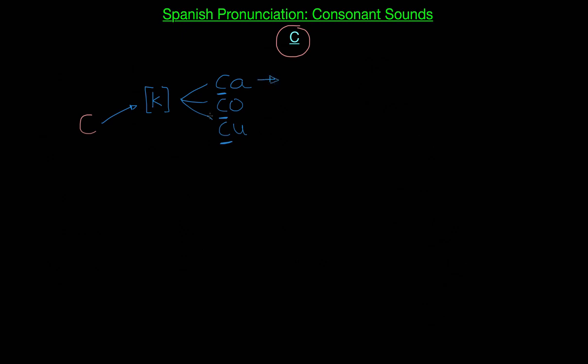An example of a word with ka would be acabar, to finish. An example of ko would be comer, to eat. An example of ku would be cuidar, to look after.